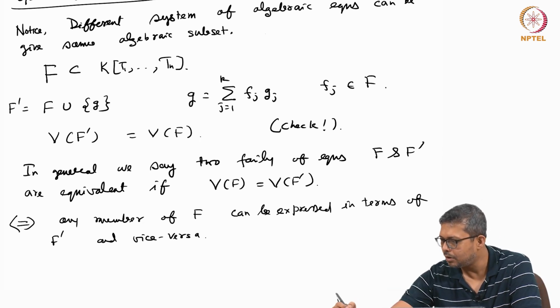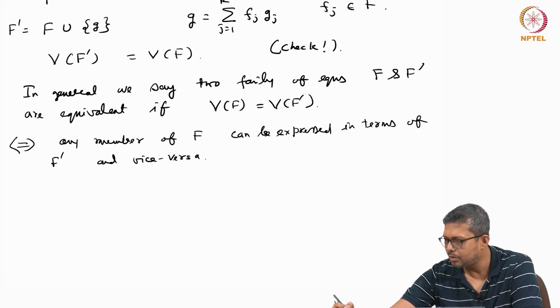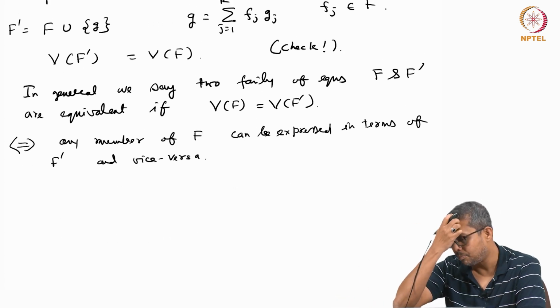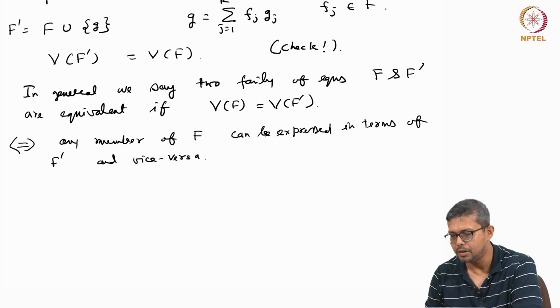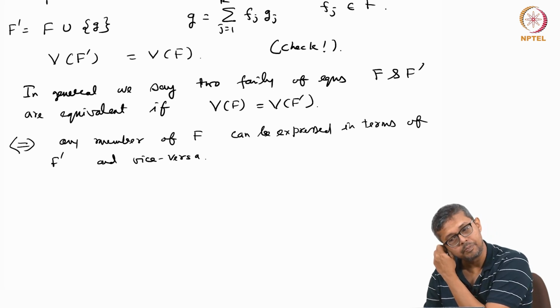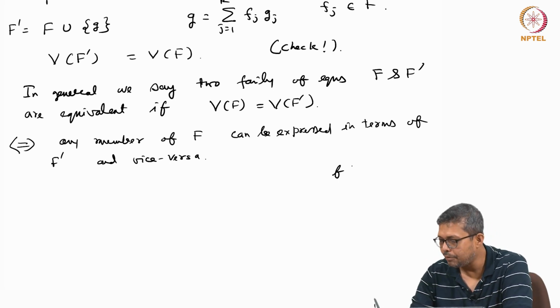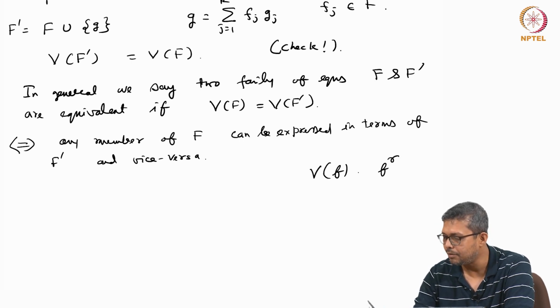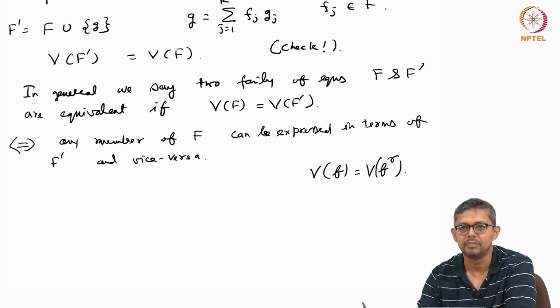But the problem is that this is not a good thing, because for example, f and f power r have the same V(f) and V(f power r), but they are not equivalent.